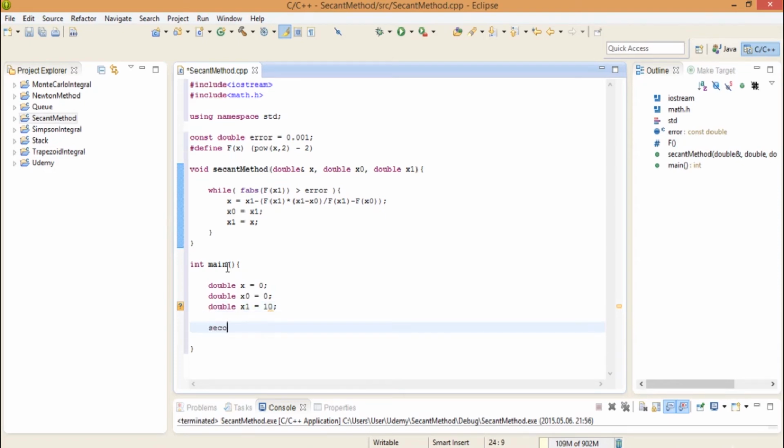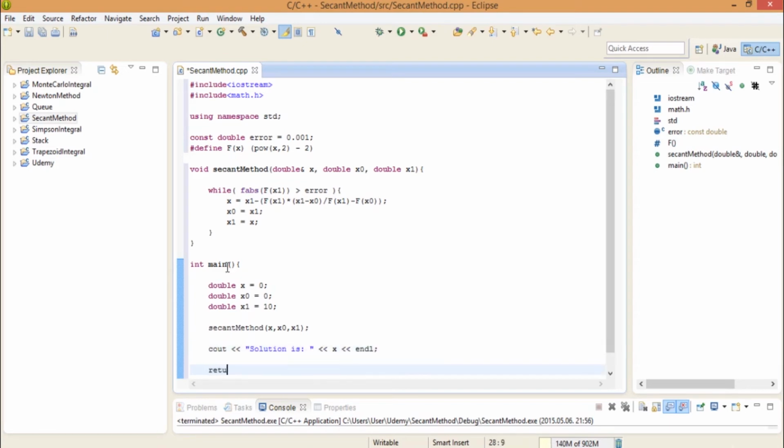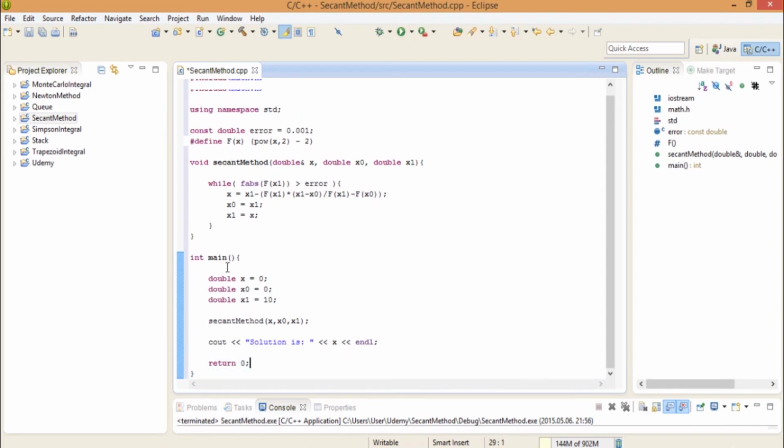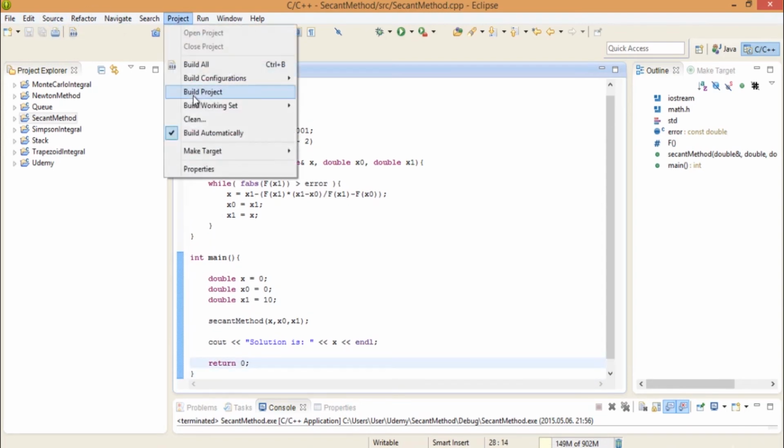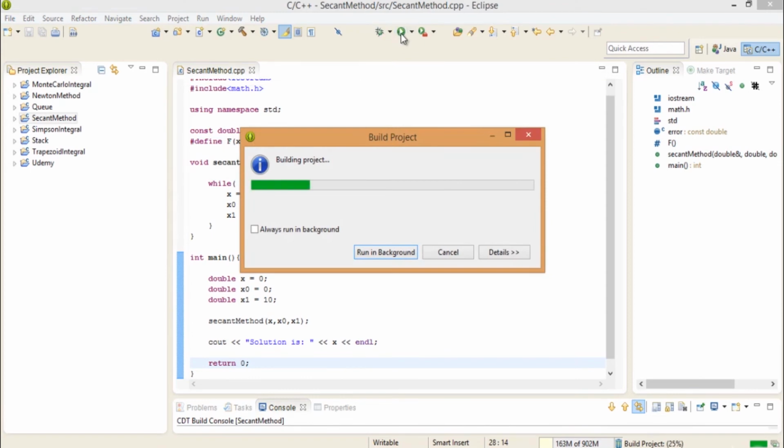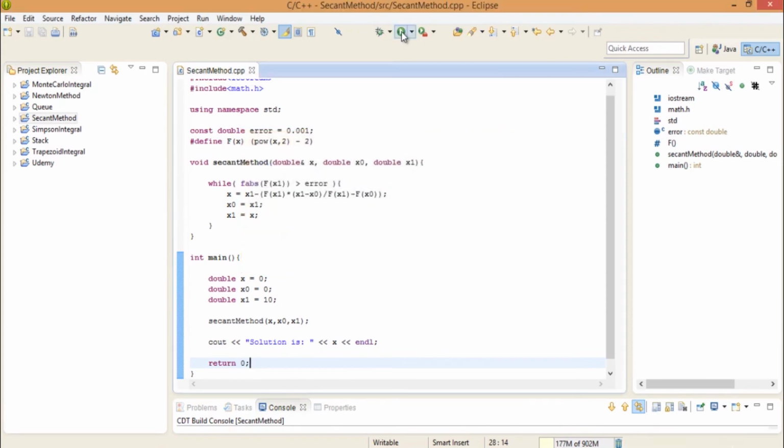And we just want to run the secant method with x, x0, x1, and we would like to print out that the solution is x with endl. I'm going to return 0. Okay, so let's build the project. Let's run it. We should get approximately 1.41 and so on.